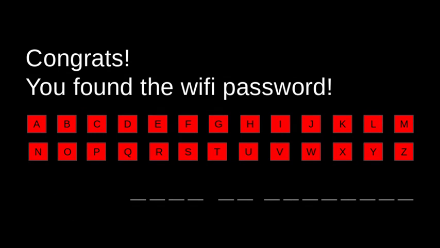So now we need to remember what letters that we wrote down from each of our puzzles to form our Wi-Fi password.